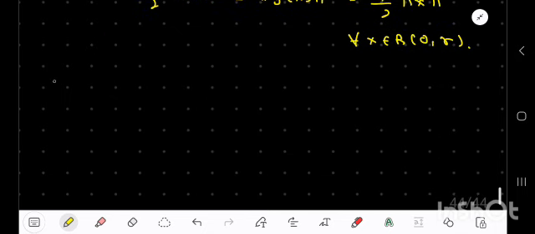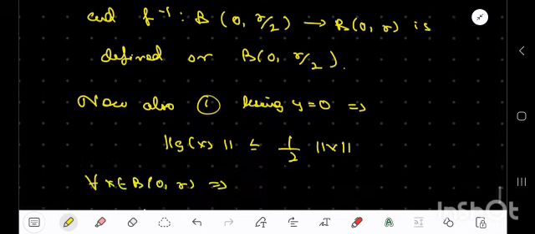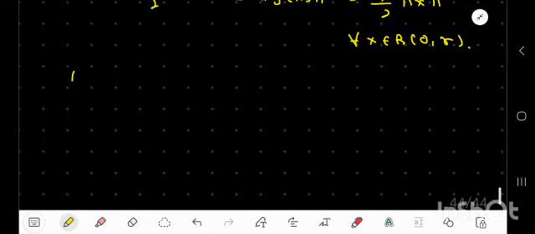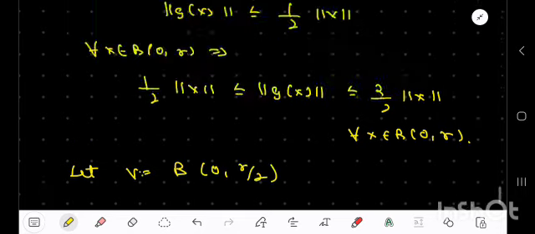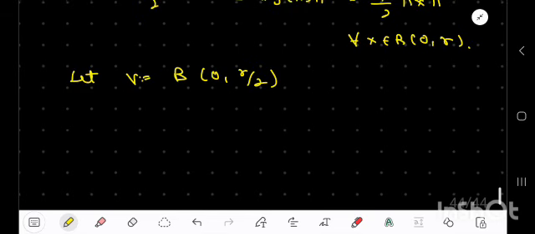Now what we have is an inverse function from the ball of radius r by 2 to the ball of radius r. So let V be this ball, because we need a bijection. We still have that f inverse contains the whole codomain, because the function has its codomain in B(0, R), I mean the image of B(0, R) under f.